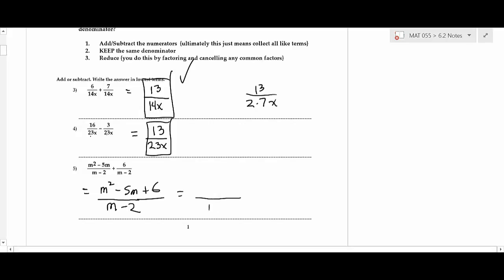I'm going to leave the m minus 2 the way it is. Now we're going to draw 2 parentheses on that numerator, and you have to be really careful and make sure that you have everything right. So you have m and m. At first glance there are 2 possibilities: 6 and 1, and you can make 6 and 1 add up to -5. But also, what is there? 2 and 3.